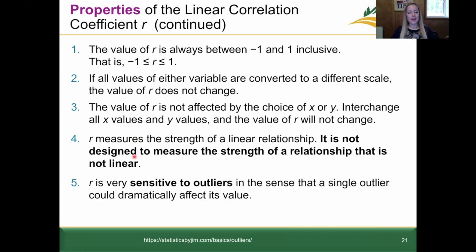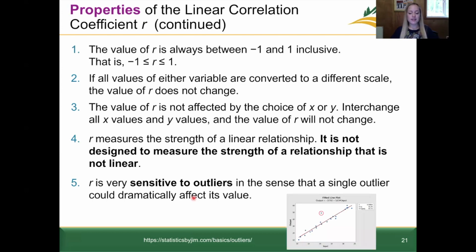Property number 5, also as alluded to, R is very sensitive to outliers. This is such that a single outlier could dramatically affect the value for R. Now, sometimes it's difficult to say based on visual inspection if we do have an outlier. Here's an example where we have our scatter plot, we have a linear trend line, then this value here is a pretty obvious outlier.